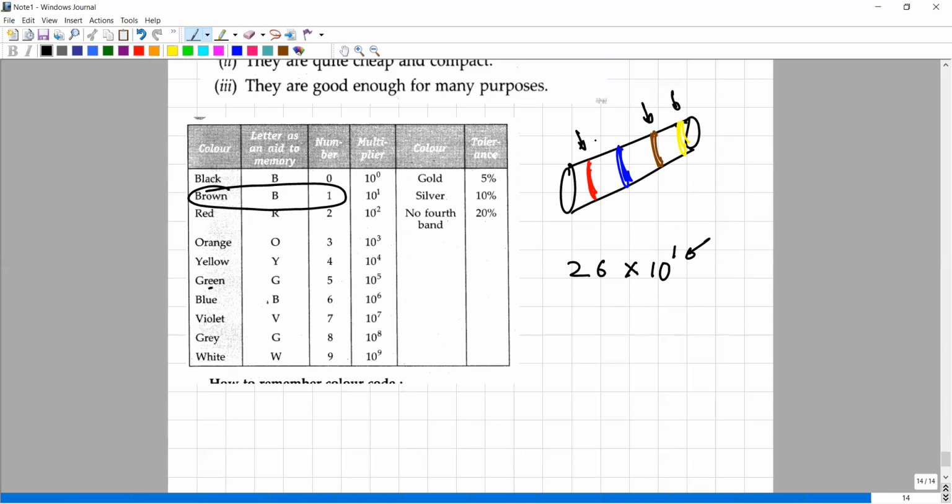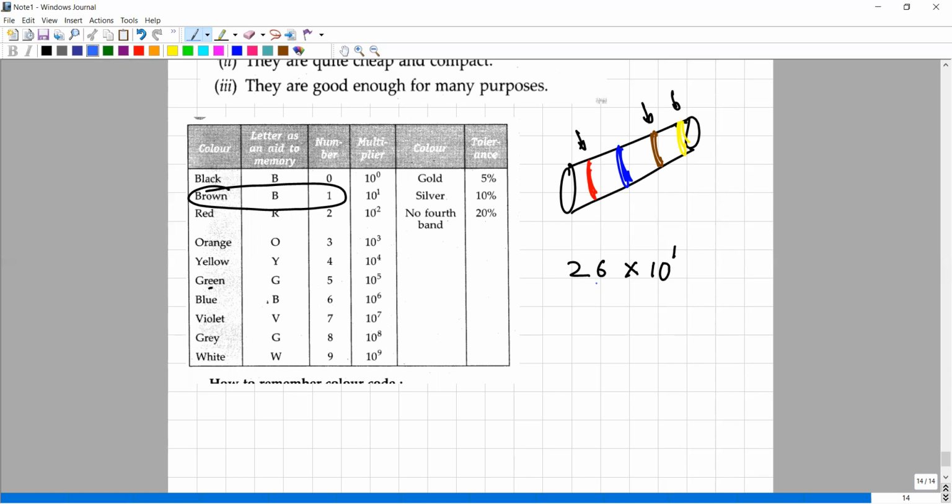The fourth color is gold or silver, mostly gold or silver. This does not represent any number of the resistance. It only represents the efficiency. How good is the resistance? If the resistance is good, that means the manufacturing is very good, and you have bought a good company, nicely branded resistance.